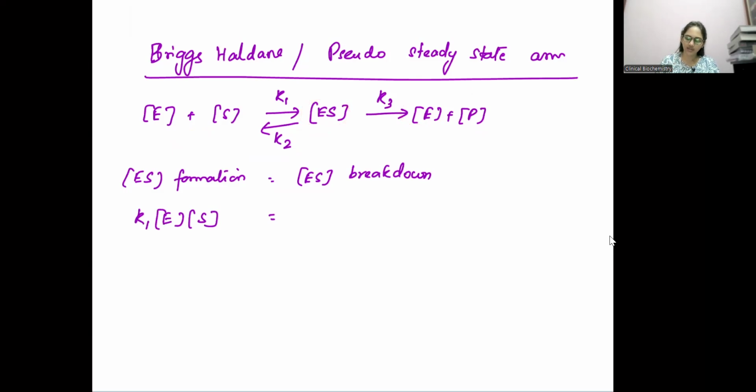So what can I write? It includes K2 into enzyme substrate complex plus K3 into enzyme substrate complex. Is it clear?